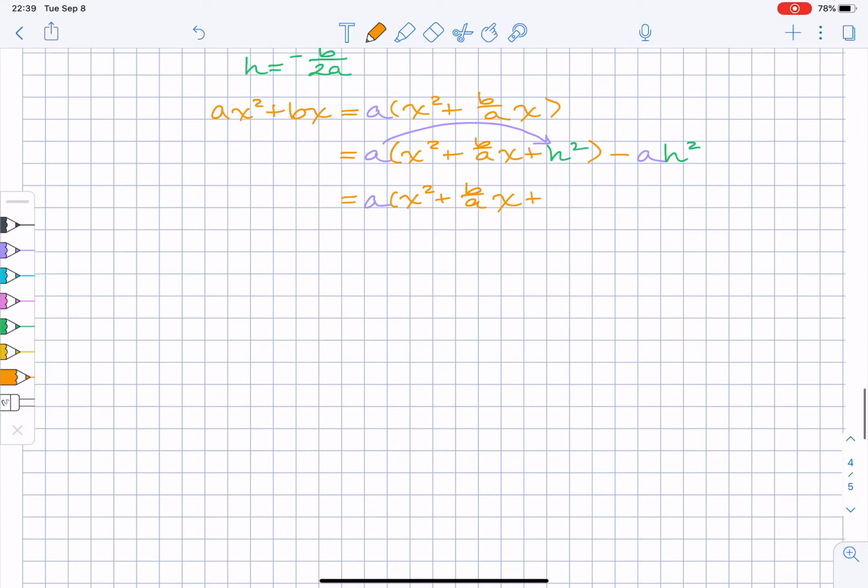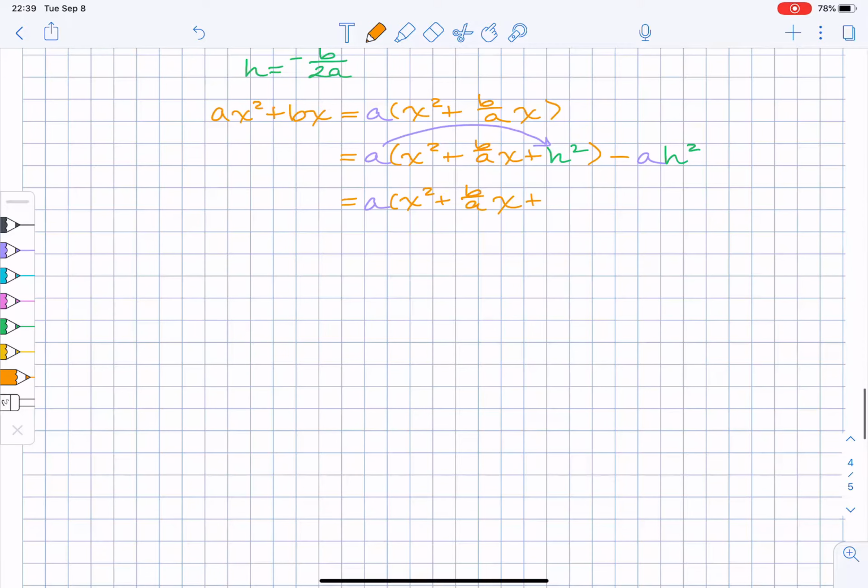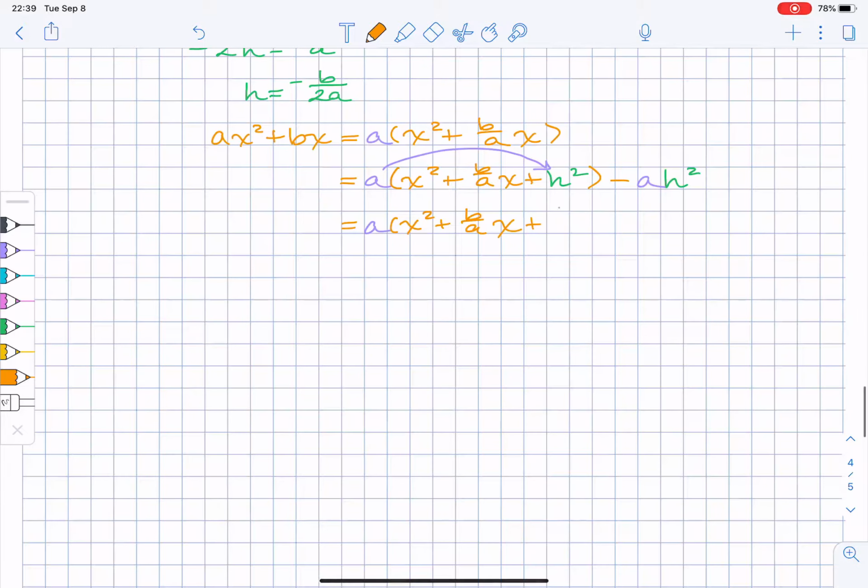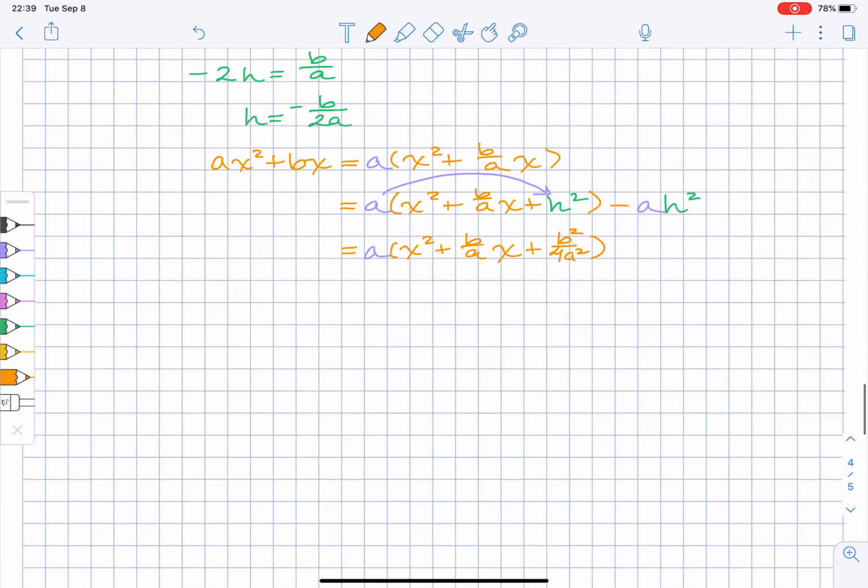H squared is going to be b squared over 4a squared, right? We've done that before as well. And then on the outside, we're subtracting a times b squared over 4a squared. And we already know that the a's reduce because on the outside, that's really my k.